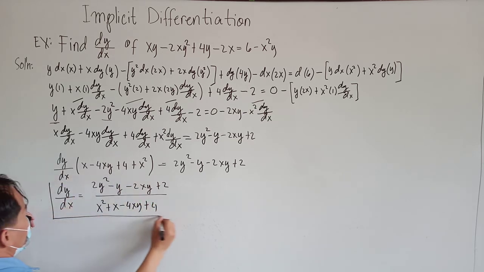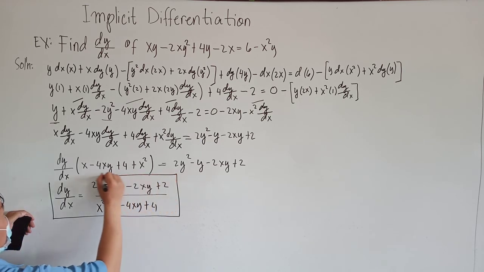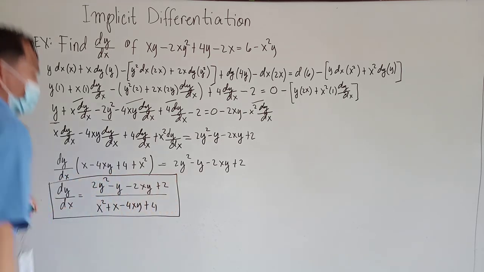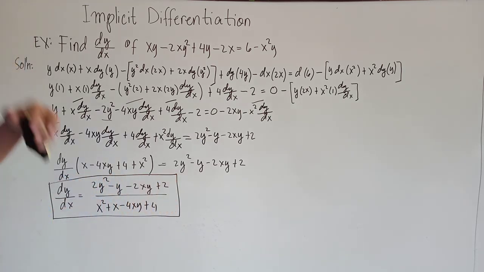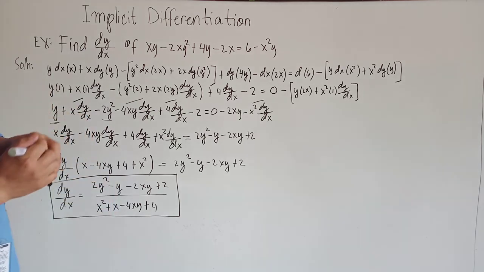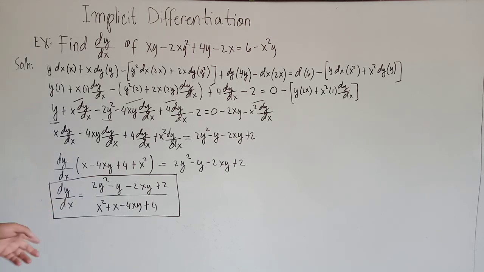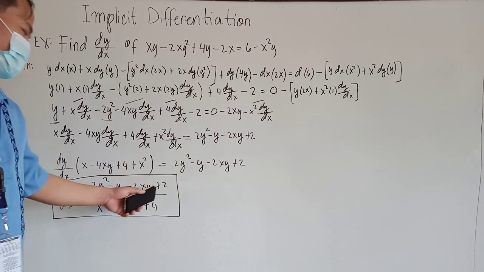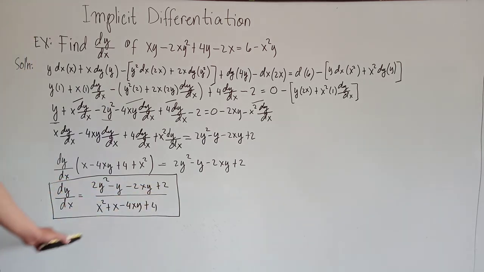So this is how to find dy over dx using implicit differentiation and the product rule. We found that our dy over dx is 2y squared minus y minus 2xy plus 2, over x squared plus x minus 4xy plus 4.